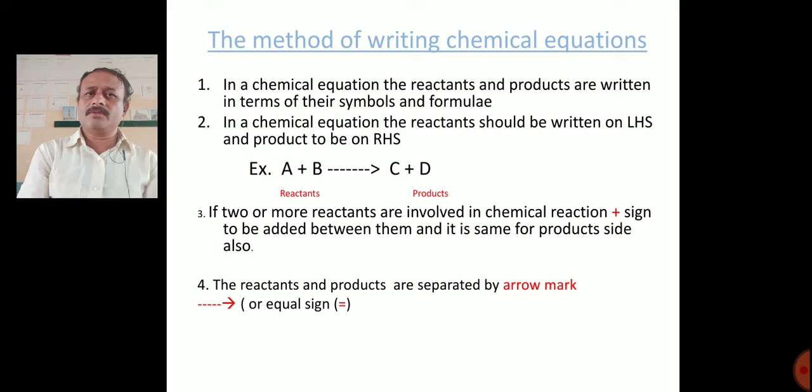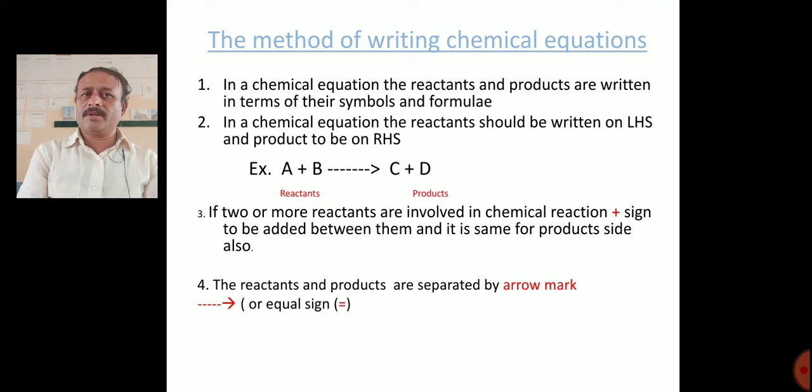If it is an element, you write its symbol; if it is a compound, write its formula. The reactants should always be written on the LHS, the left hand side of the equation, and the products on the RHS, the right hand side.